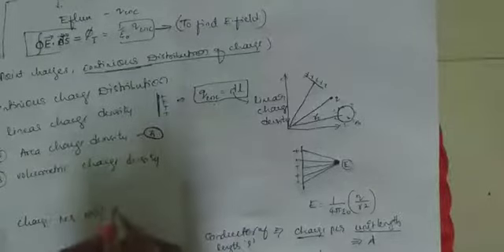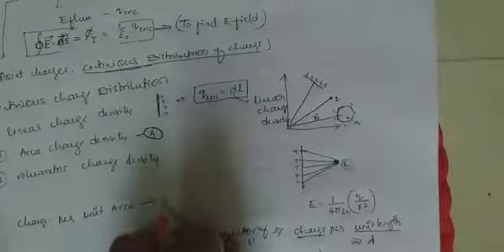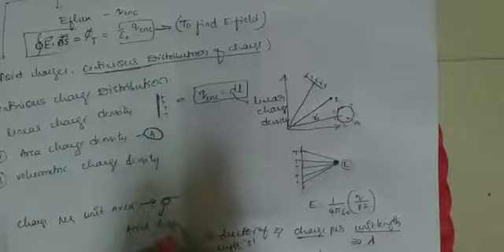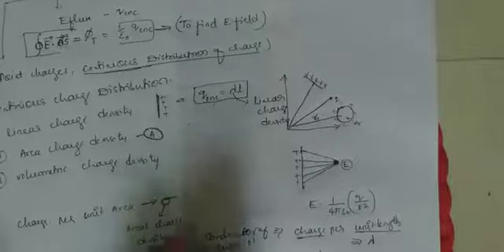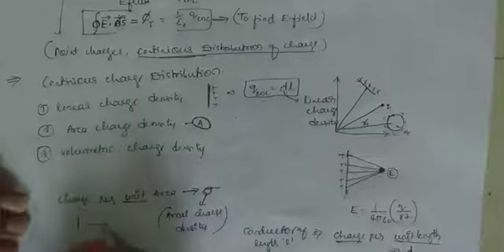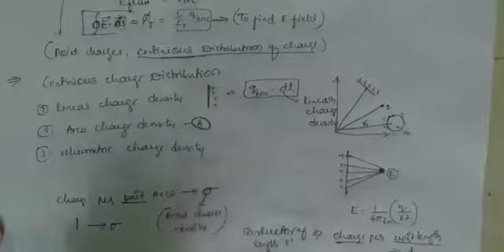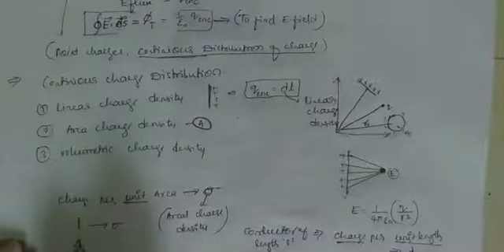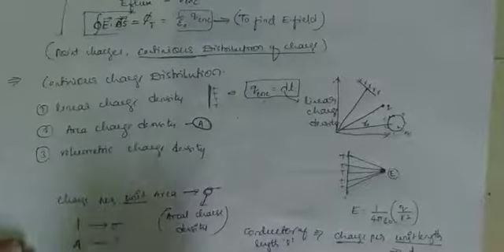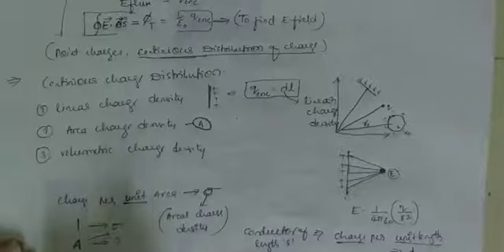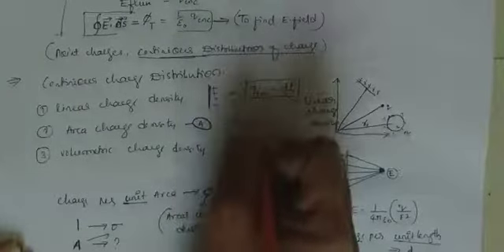Charge per unit area is considered to be sigma, the aerial charge density. For 1 unit area the charge is sigma, so for a surface having area A, the charge enclosed must be sigma A.